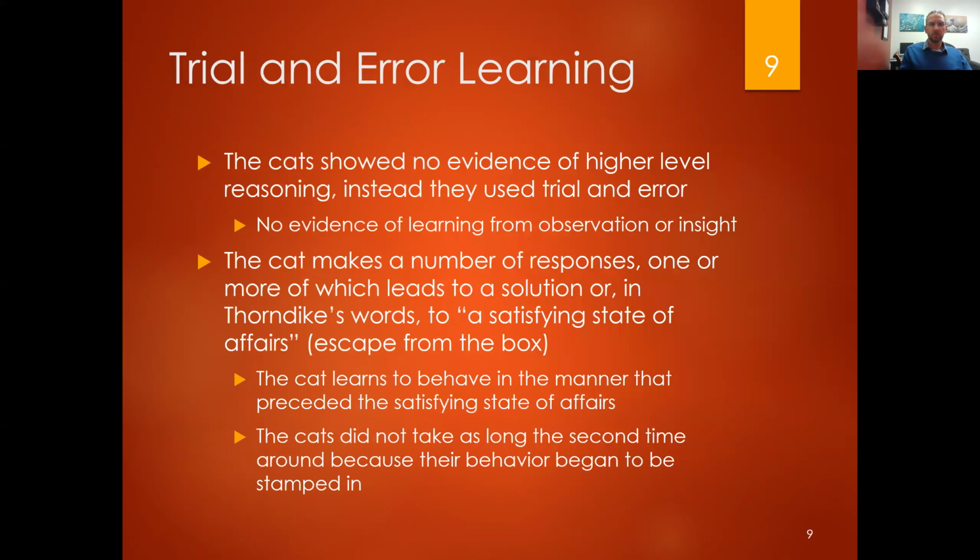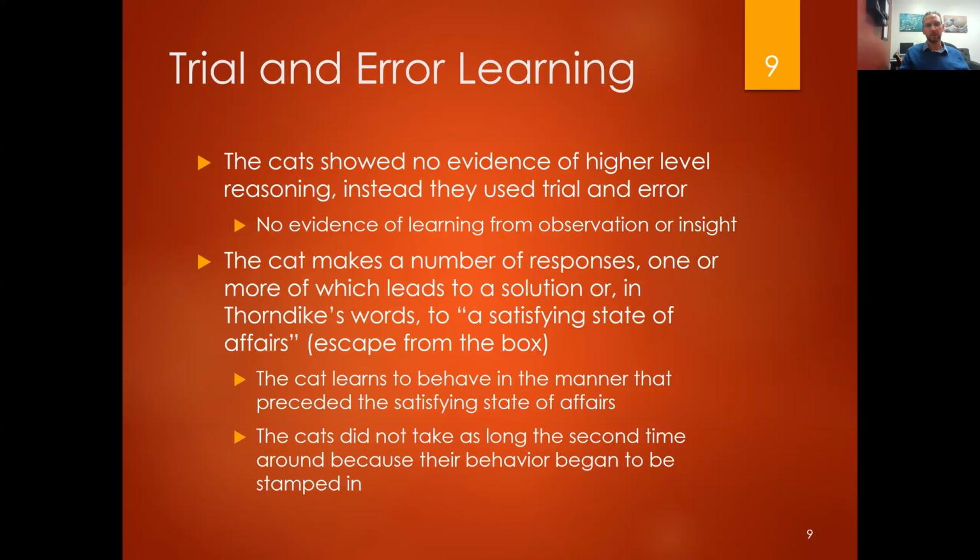What Thorndike found is that cats did not show any evidence of higher level reasoning. They didn't have any sort of insight and realization that, oh, I know how to solve this. The cat instead just makes a number of responses. It does a bunch of behaviors. It tries a bunch of things out. And what it finds is that some of the behaviors gradually lead to the solution.